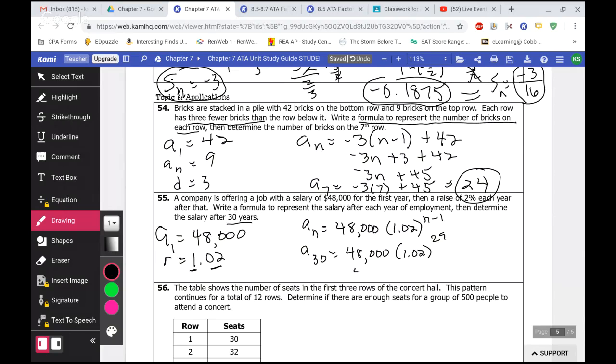So that's 1.77584469 and so forth times 48,000. I get $85,240.55. What'd y'all get? I got the same thing. Yay!